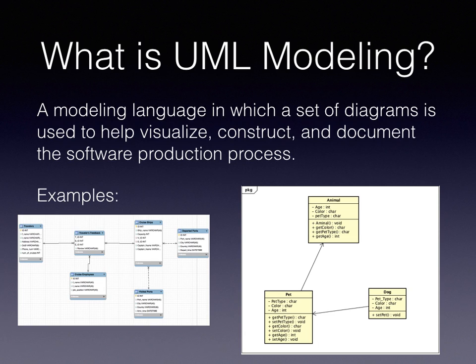This is a little more of a visual modeling language, and it gives users a better idea of how their classes and tables are going to be organized and structured, and it gives places where variables will be placed.